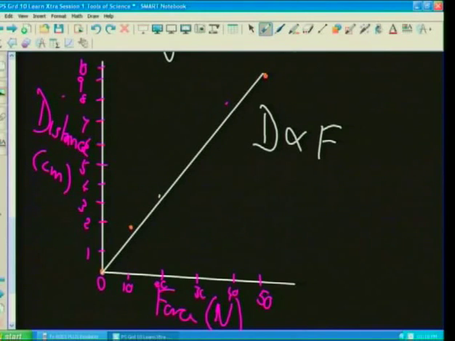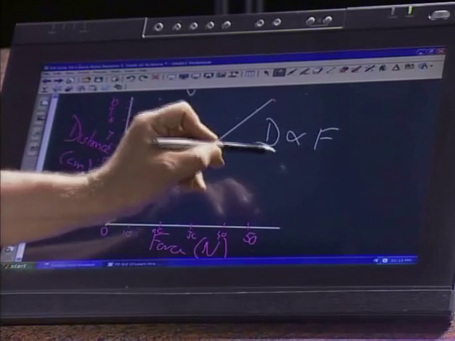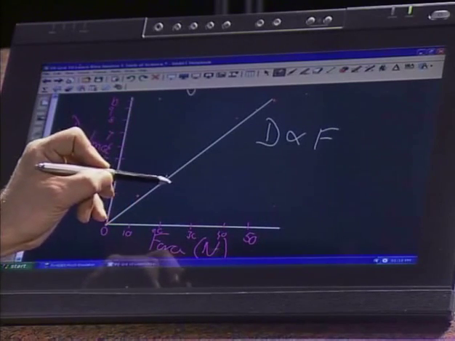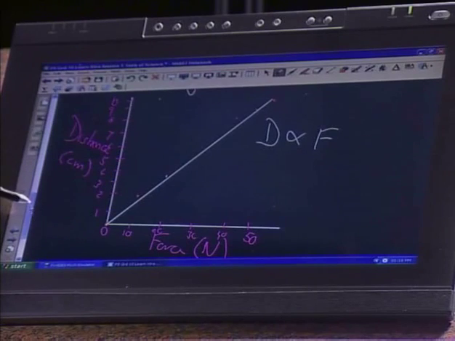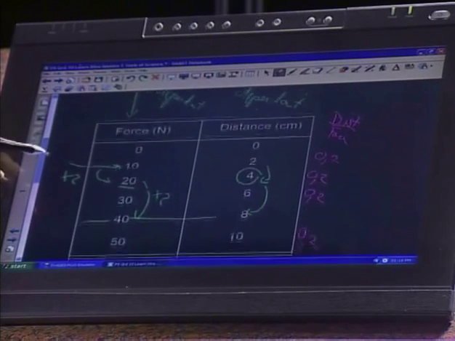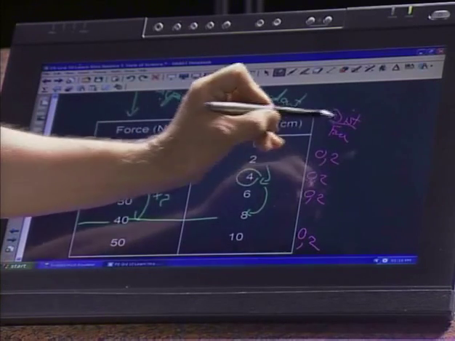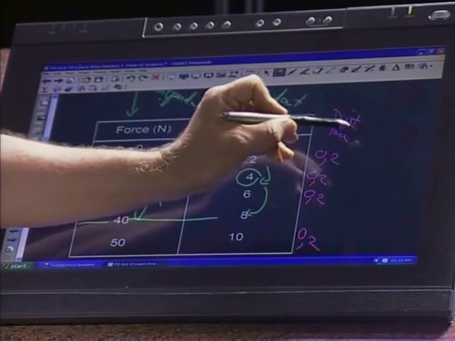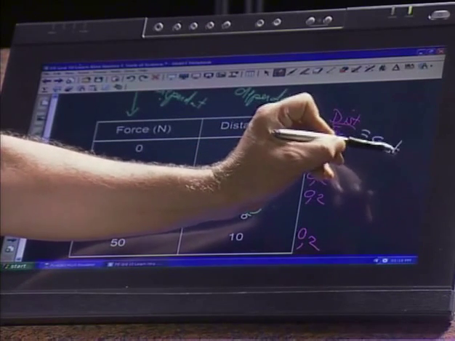Now, there is another way of representing that. Instead of putting that funny sign, which means directly proportional, we can recognize that for this particular spring, we can make a constant here. The distance over force relationship gives us a constant.